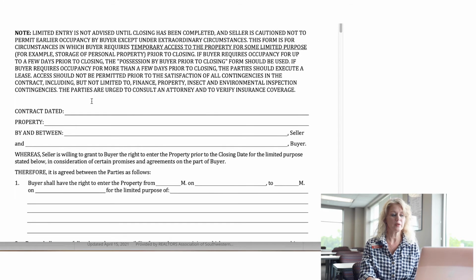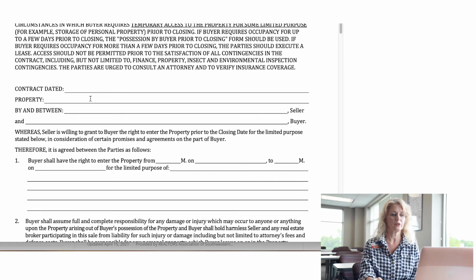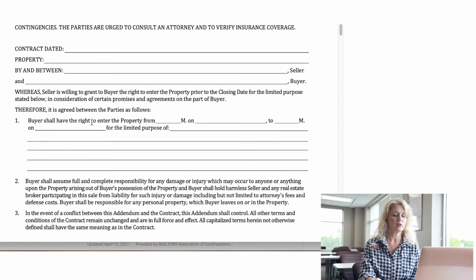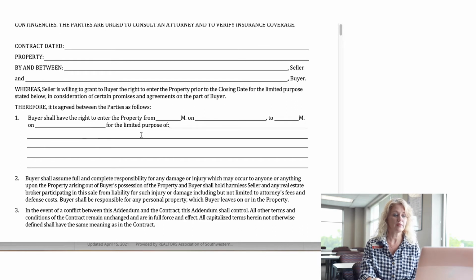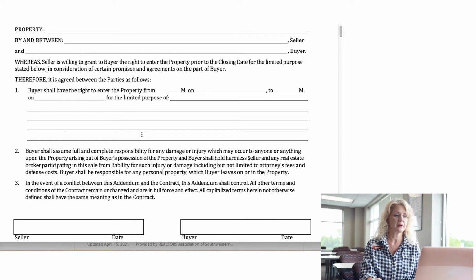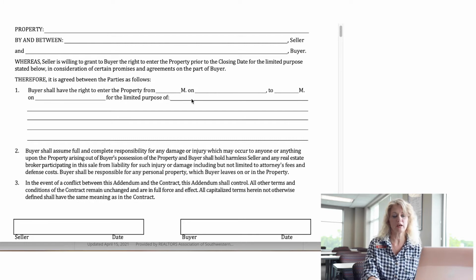This addendum would include the contract date, the property address, the seller's names, the buyer's names, and then it details the access that's allowed for the property. Buyer shall have the right to enter the property from blank PM or AM on whatever date to AM or PM on whatever date for the limited purpose of, and it's outlined and defined in whatever terms the buyer and seller have agreed upon.